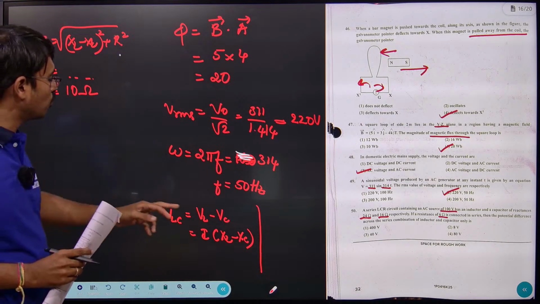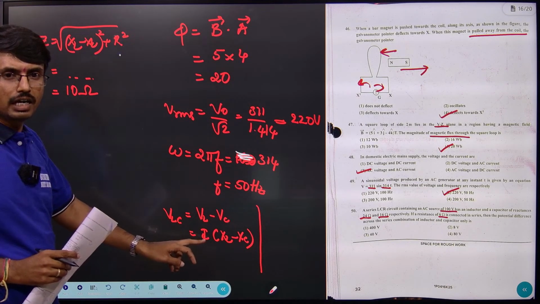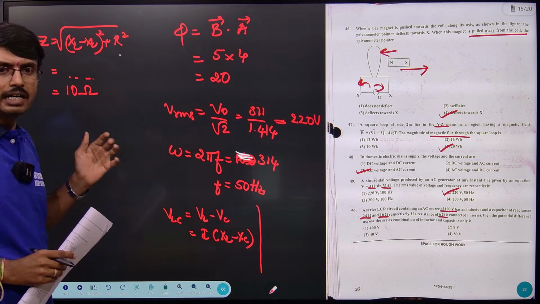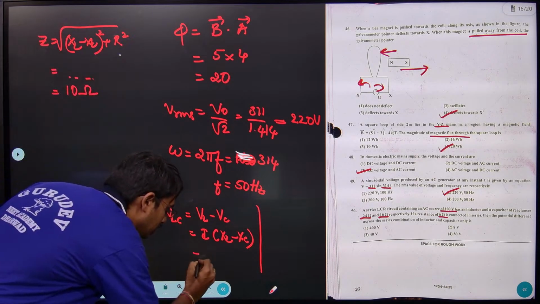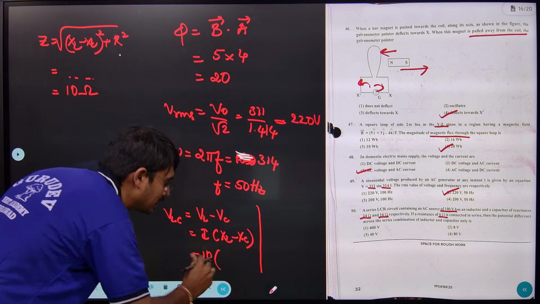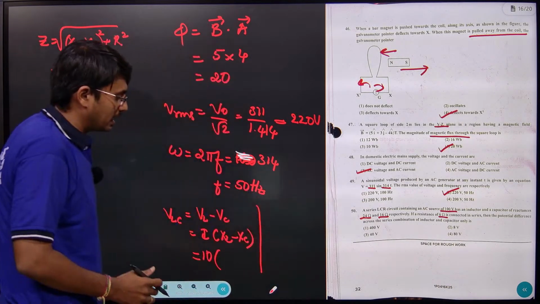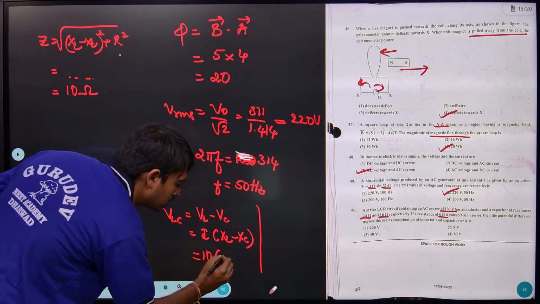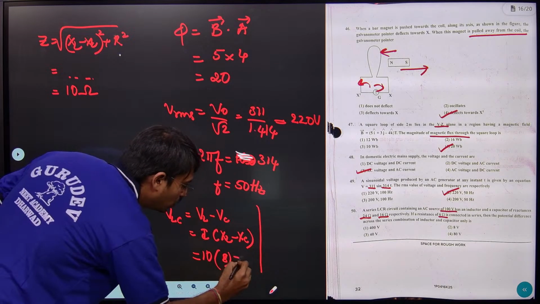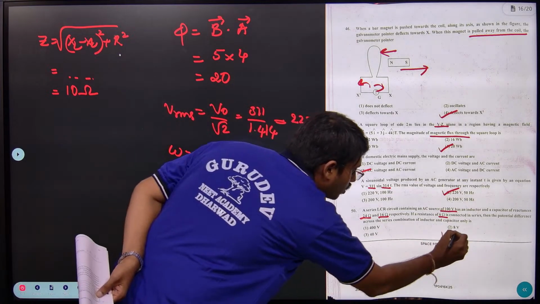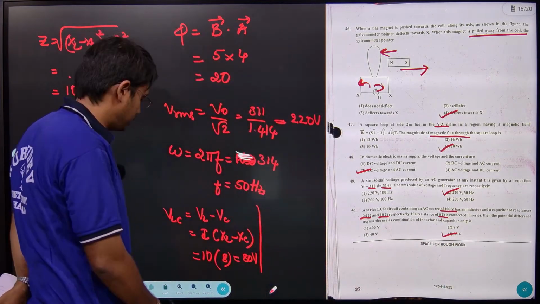Then I equals V divided by Z, which is 100 by 10, so I is 10. XL minus XC is 24 minus 16, which is 8, so 8 into 10 is 80. So option 4 is the right answer.